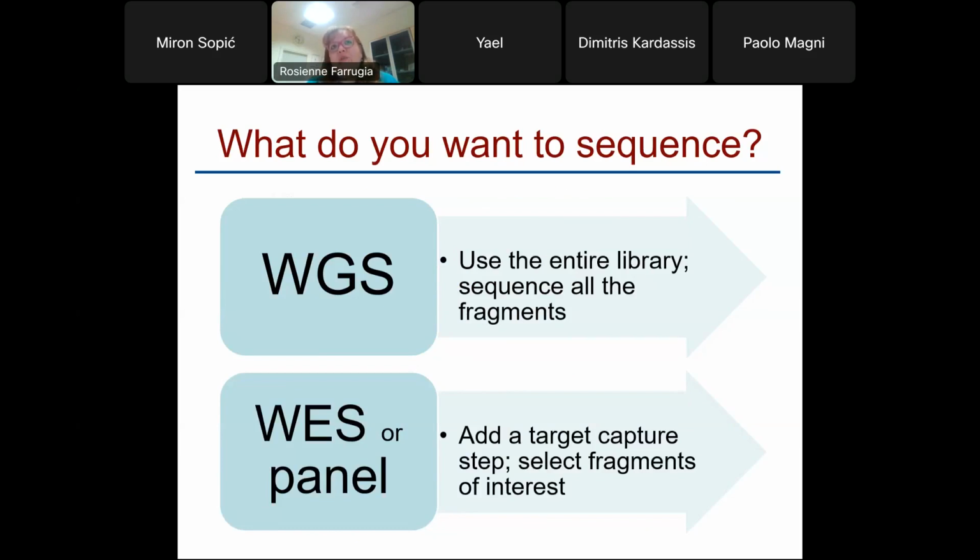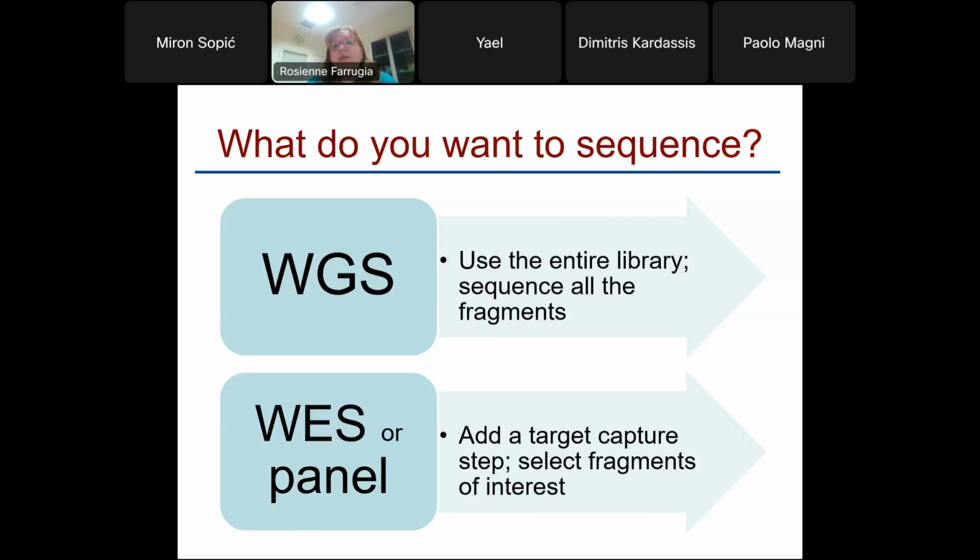It also means, however, that the data sets are much bigger, and that the amount of sequencing data that you can obtain per sample, per gigabase of data, is less. Whereas with whole exome sequencing or panel sequencing, you need to add a target capture step, which will select the fragments of interest.